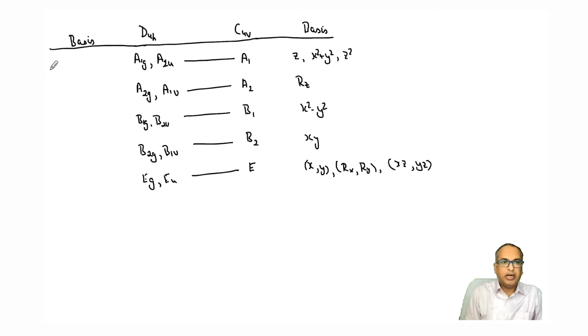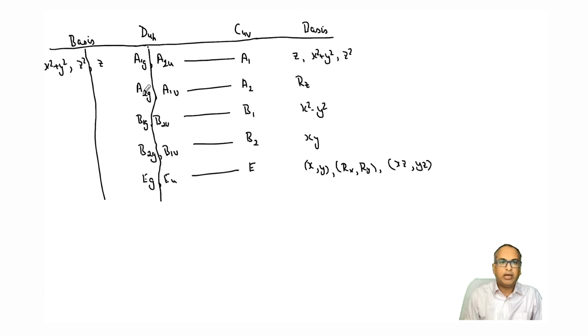So if we read out directly from character table, we will see that the bases are X square plus Y square, Z square, and Z. Okay, you get same basis. So if we want to separate out these ones, let us try to draw a line carefully between this, and I will just write down the basis on the left for A1G and right for A2U. Similarly, the left basis is for this side, right basis will be for A1U side. Okay.